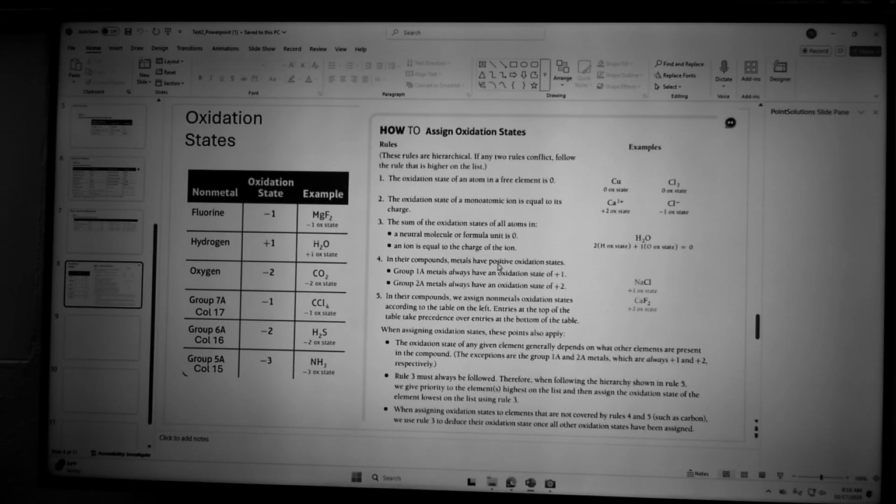The only ambiguous part is what charge would you assign an atom when it's in a covalent compound? Ionic compounds, the charges are obvious. Covalent compounds, they're not.